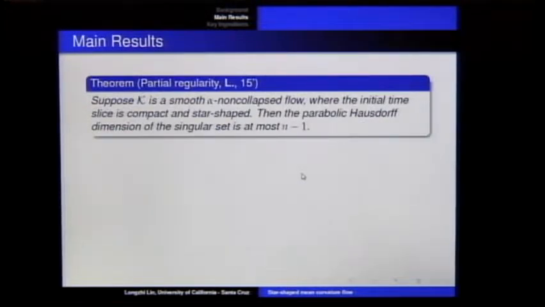Okay. So once you have a classification, you can say that if you start with a star-shaped initial hypersurface, then the parabolic Hausdorff dimension of the singular set is at most n-1. Okay, so that's for the star-shaped mean curvature flow.